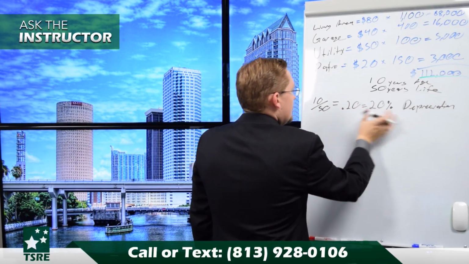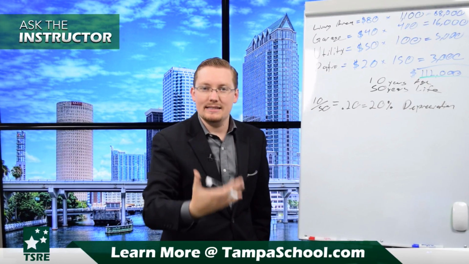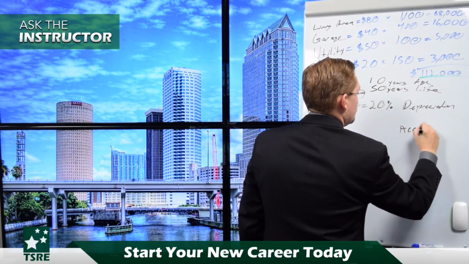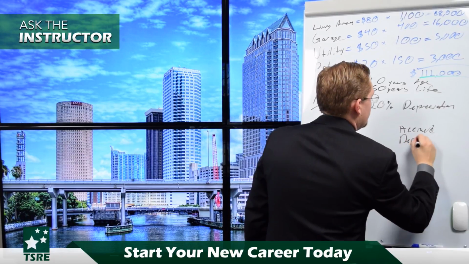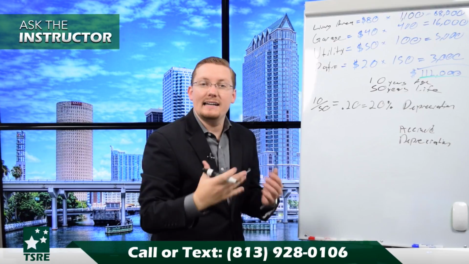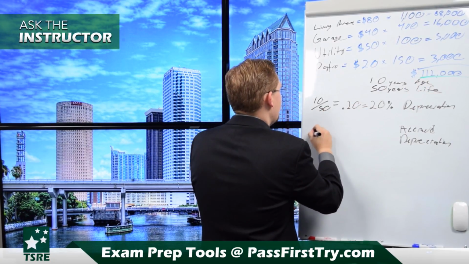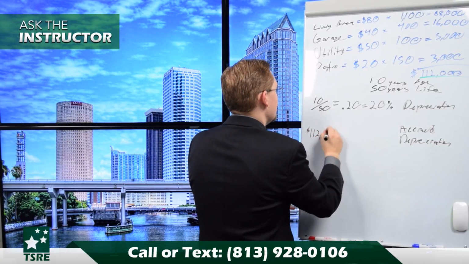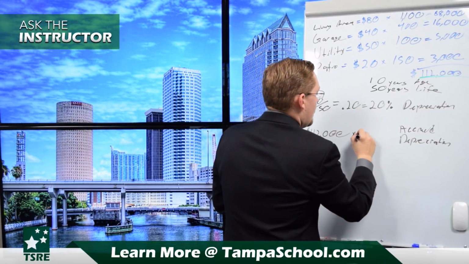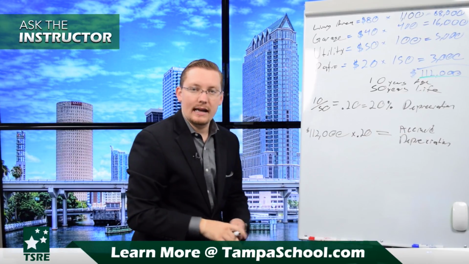So we'll take this 20% depreciation, and to find the accrued depreciation, that's the term, accrued depreciation, how much depreciation we've added up or accrued over time, you're going to take that 20% and multiply it by 112,000. So we've got our $112,000 that this building would be worth completely brand new, and we're multiplying that by 0.20 or 20%.